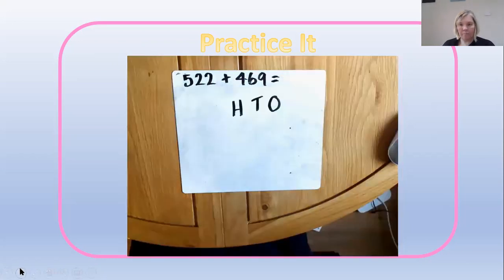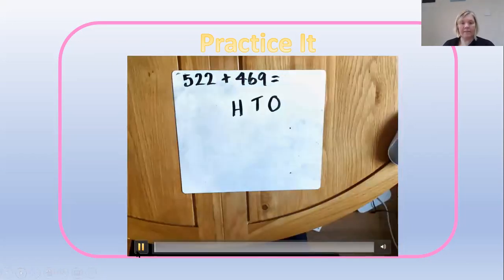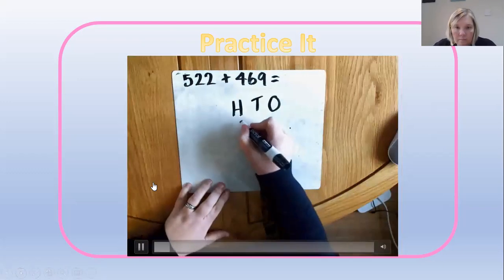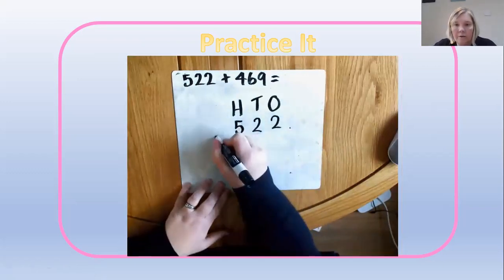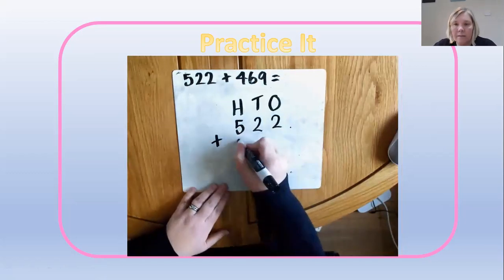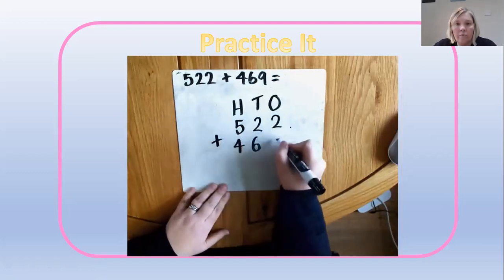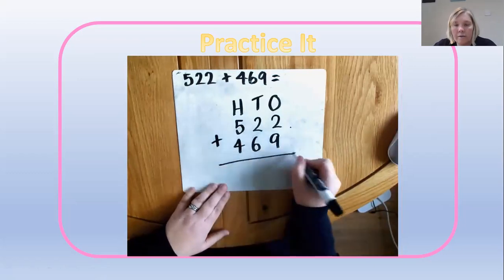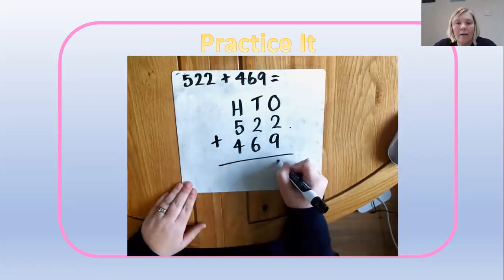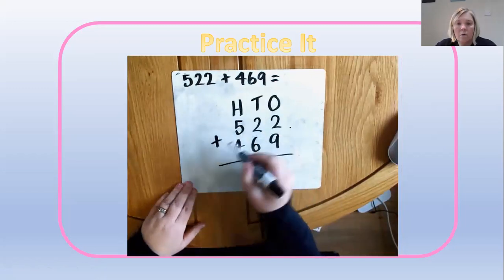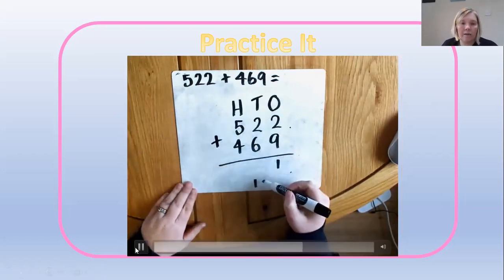Last one is writing in the formal method. So 522, all lined up in the correct columns with my plus sign. 469, all lined up correctly, so it's easy for me to do my column addition. I add up my ones. Okay, I've got more than I need.